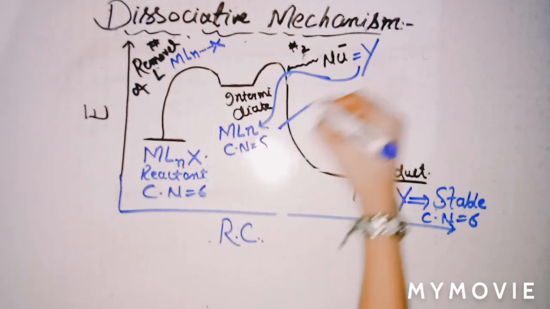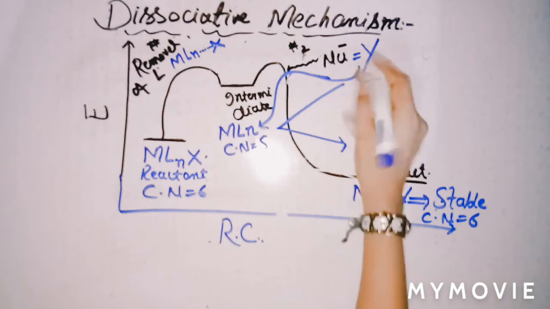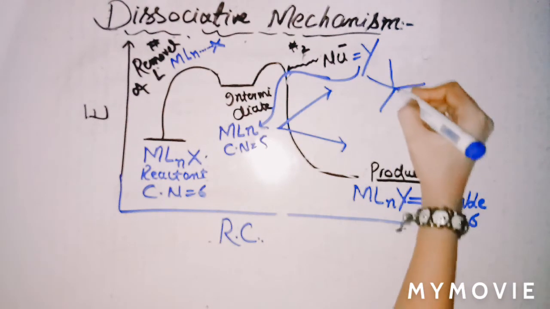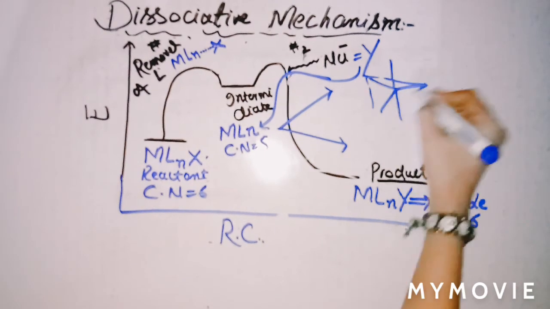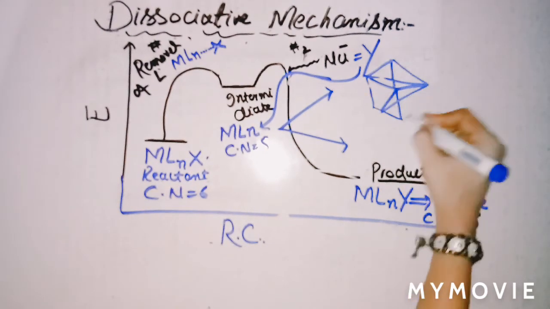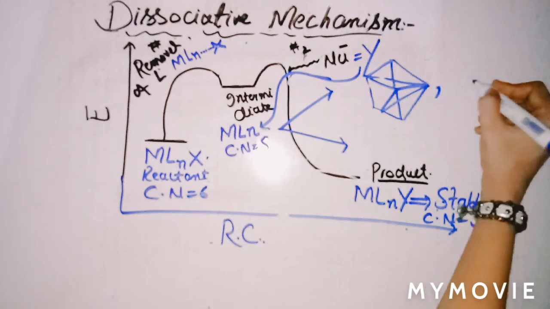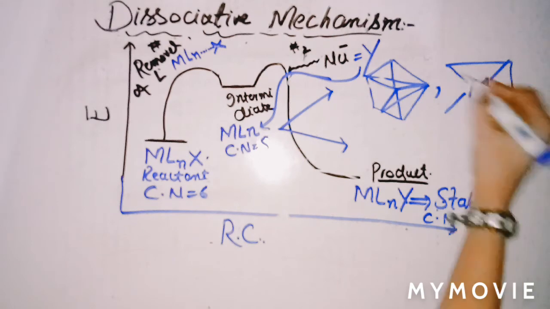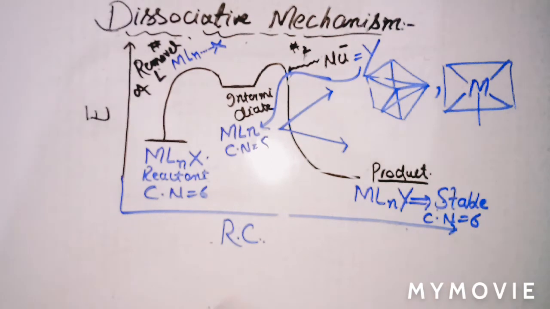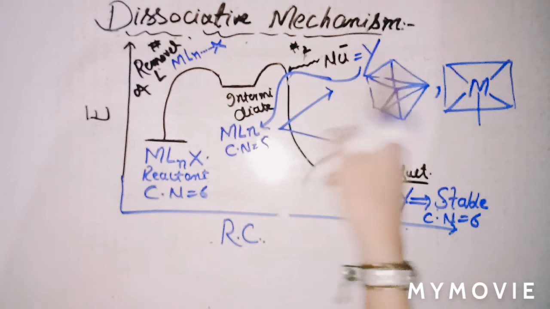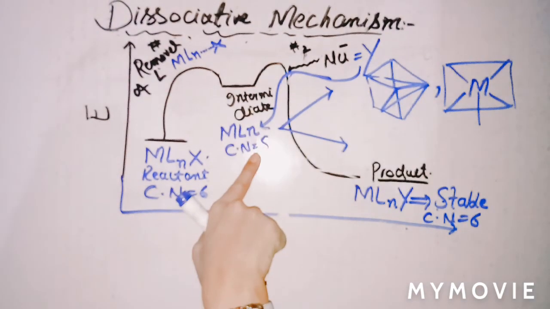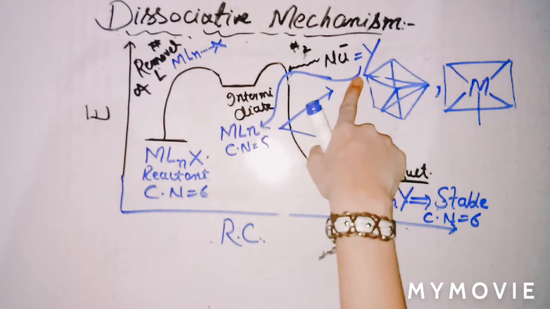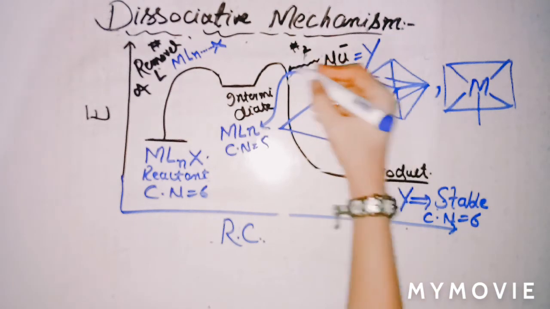Here the intermediate geometry has two possibilities: trigonal bipyramidal and square pyramidal, which are the least stable geometries. So the stability of the intermediate is low and it reacts fast with the incoming ligand, and this step is a fast step.